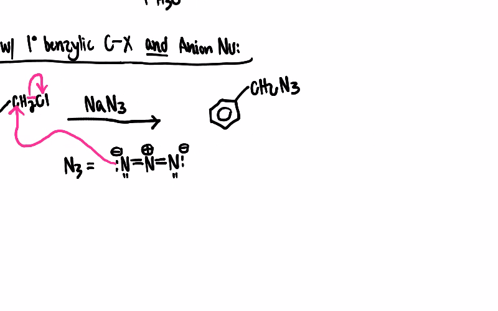We could also draw this out more explicitly if we wanted, which would correspond to having a single bond there to the nitrogen, and so on down the line here. And there are multiple resonance structures that we could draw for that N3 group there, but that's going to give you your new bond between the azide group and the carbon.